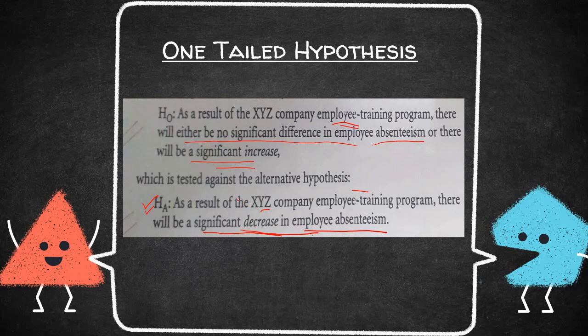absenteeism, right? Or maybe some other company has some other training program, curbing attrition could be a problem. So maybe a training program will bring down attrition, and the alternative and the null hypothesis for the same would be that there would be no significant difference in the attrition, or it may even worsen the attrition, or there would be a significant increase.